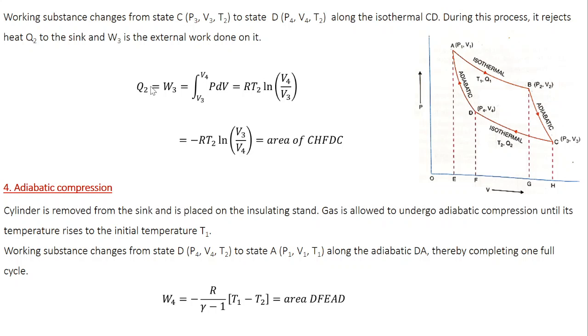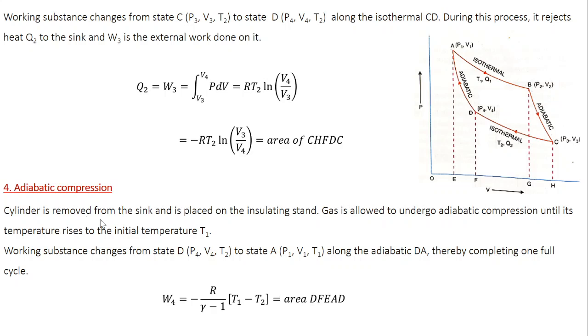So W3 is equal to heat energy Q2. Once again, using the derivation we have done in the previous class, this is equal to integral V3 to V4 P dV, which is RT2 ln V4 by V3, or minus RT2 ln V3 by V4. Or in terms of the PV diagram, this is the area enclosed by the closed loop CHFDC.